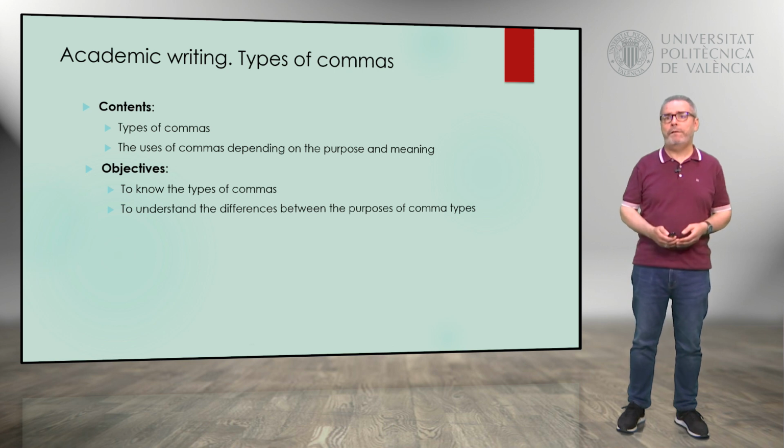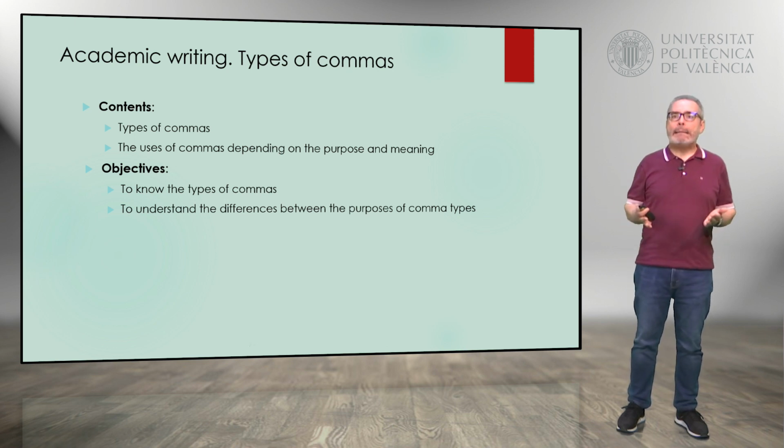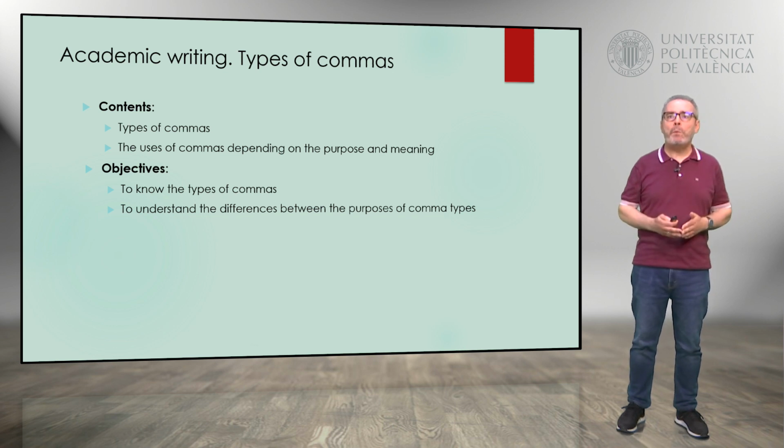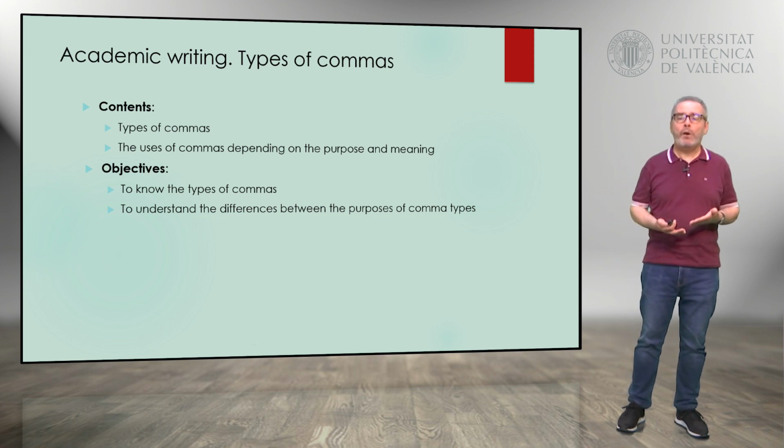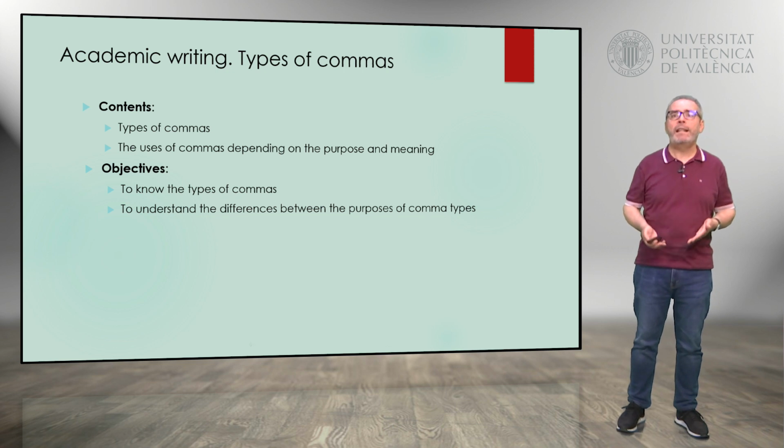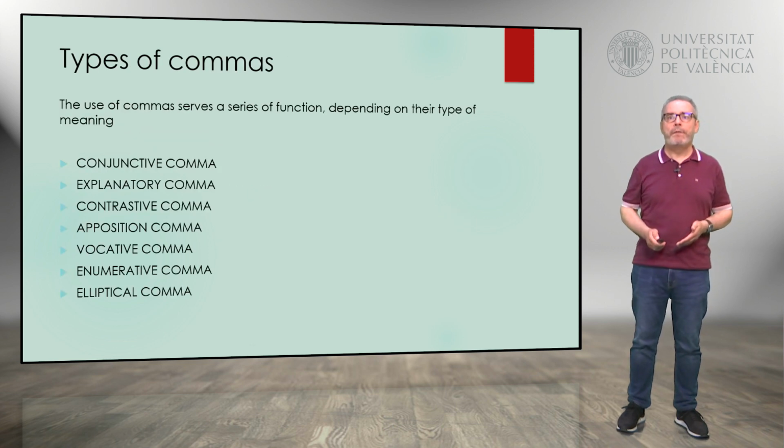It is very important for the student, or for the writer, the technical and the formal, the academic writer, to differentiate between types of commas, because they have different meanings, and knowing the differences of these types, we would be able to write well and in a very clear way. So the objective is to use these types of commas correctly and to know the difference between them.